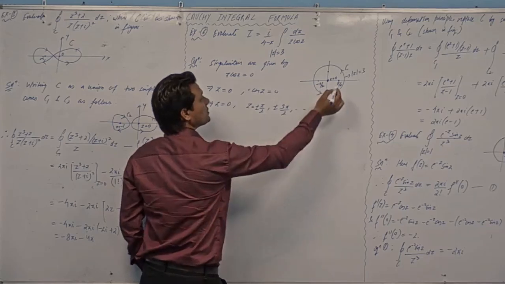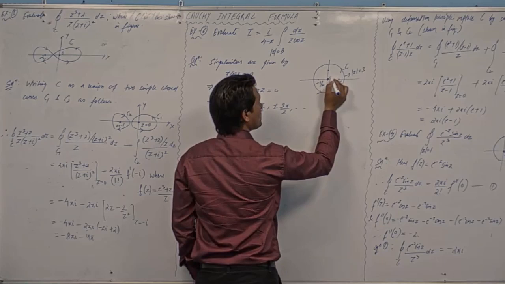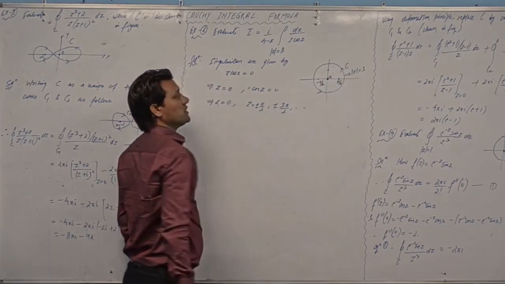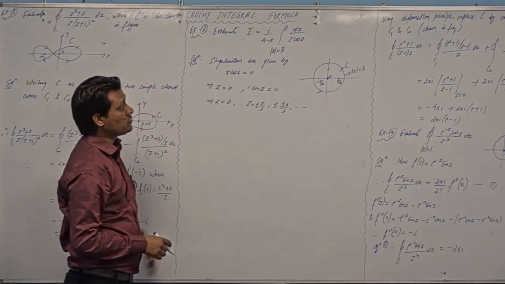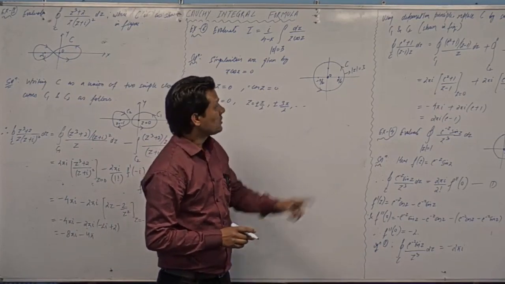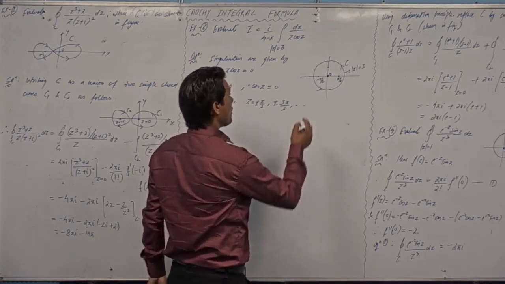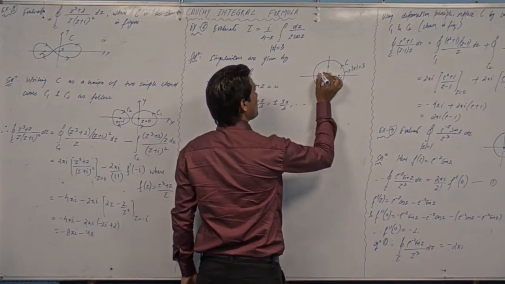So our main interest is to focus on these three singularities. Since the outer curve is enclosing three singularities, we have to again use the deformation principle as used in our last numerical, where we replaced the outer curve C by small circles C1, C2 and C3. See, three circles.